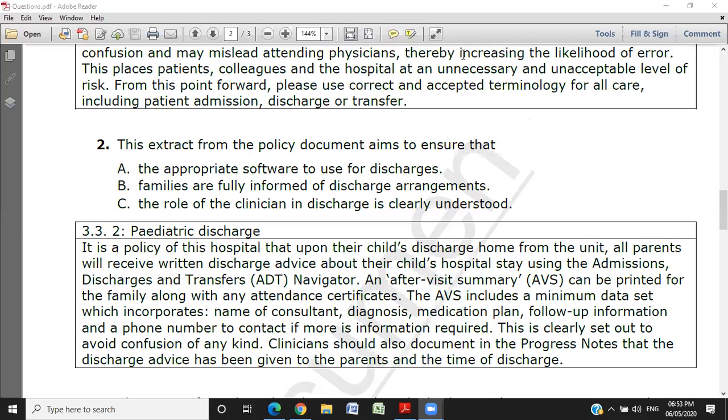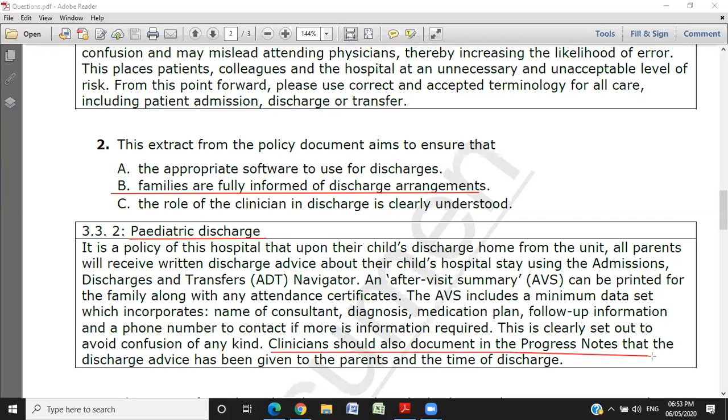Yeah. So right, B is the correct answer here, because you can see it says it's mainly written for pediatric patients, and it's given here that it is for the practitioner or the doctor who is involved in the discharge process, because it gives you information here that clinicians should also document.